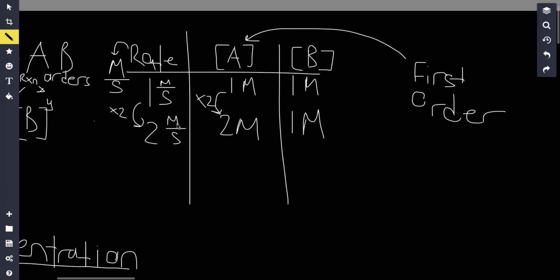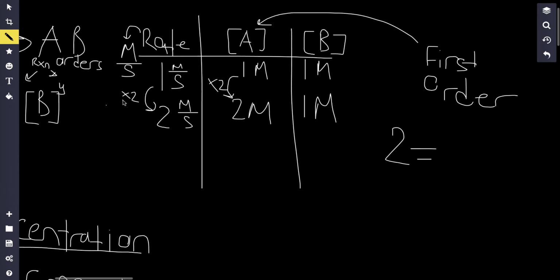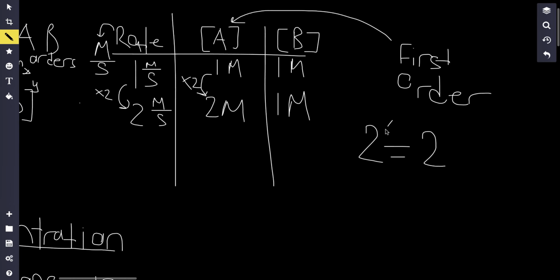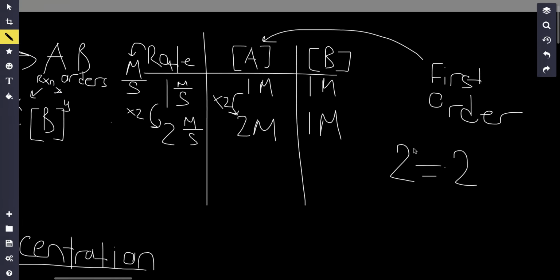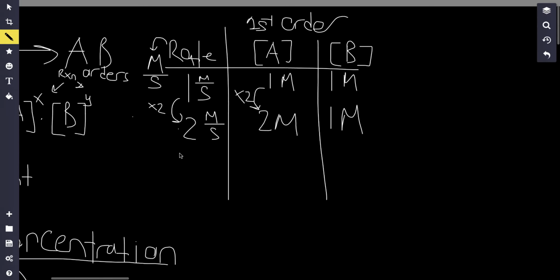Notice how the concentration of A, we doubled it, and it turns out that the rate of our reaction doubled as well. So 2 to what power gives me 2? Well, 2 to the first power gives me 2. So that means that essentially you say that the reaction with respect to A is first order. Meaning if you double the concentration, you're going to double the rate.